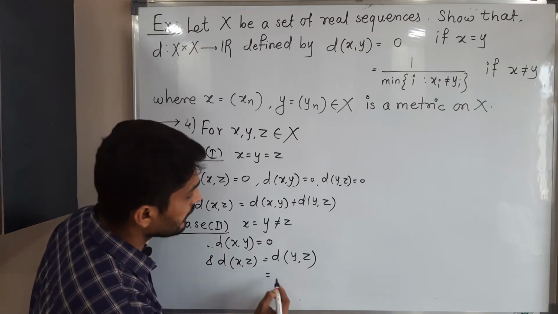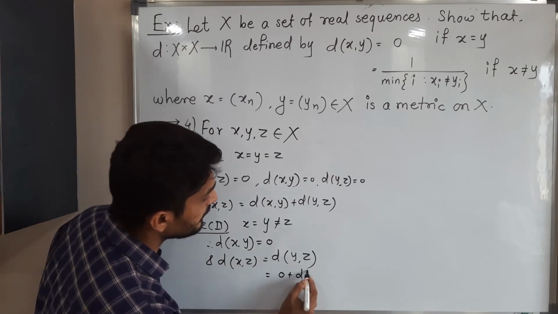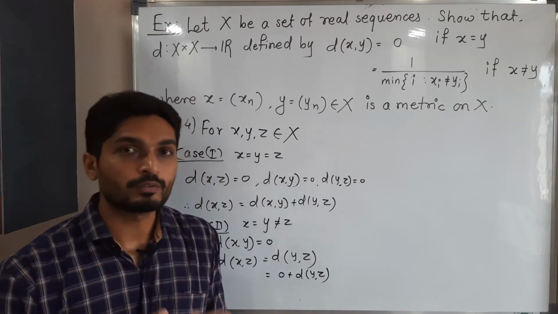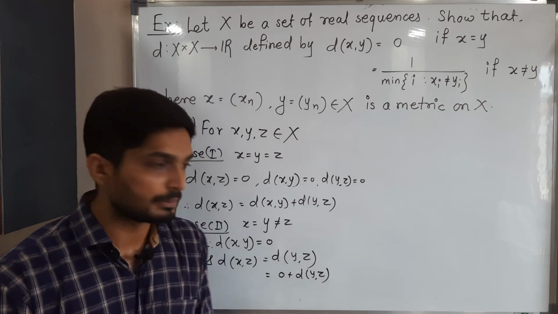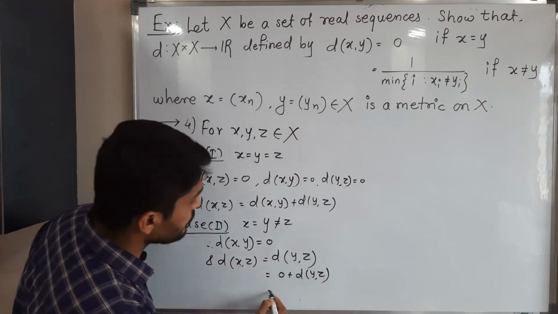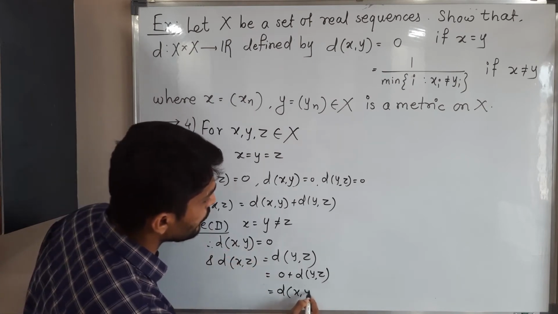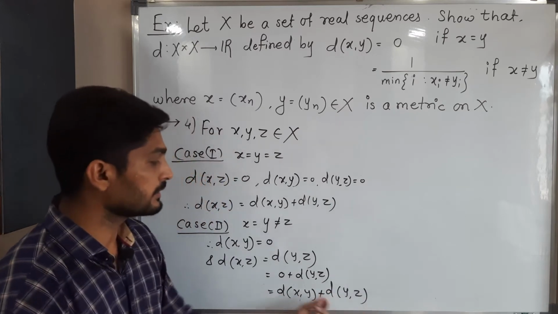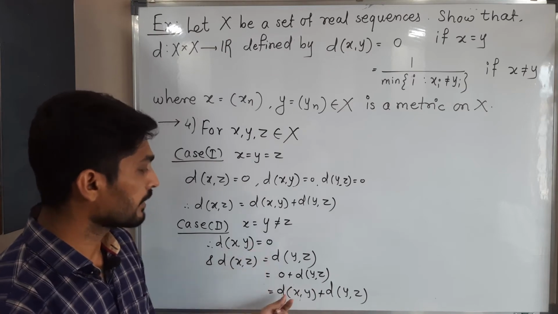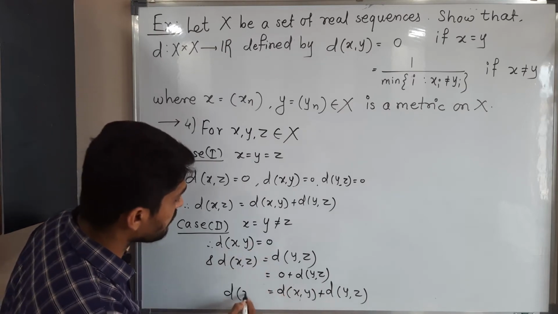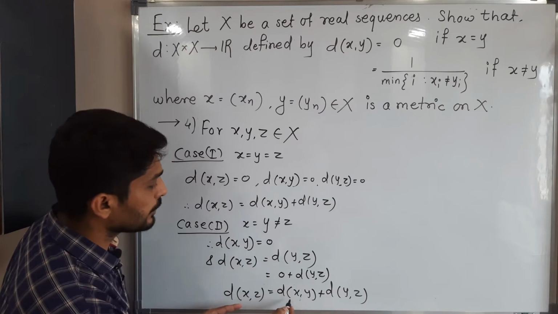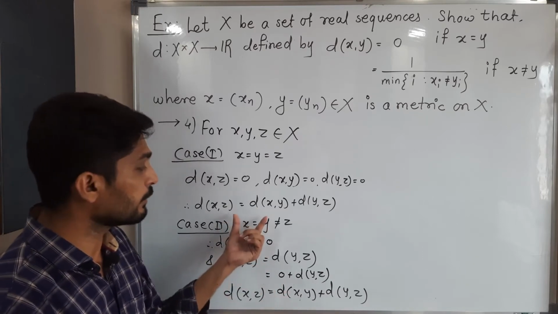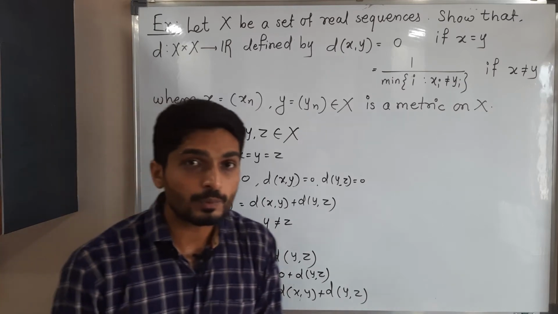So d of xz is 0 plus d of yz. It doesn't matter since we are adding 0; if you add 0 to any number, you get the same number. But 0 is nothing but d of xy. So this is equal to d of xy plus d of yz. What is our left hand side? d of xz. So d of xz is equal to d of xy plus d of yz. That means again the same thing: in the first case we got equality, and in the second case also we got equality.